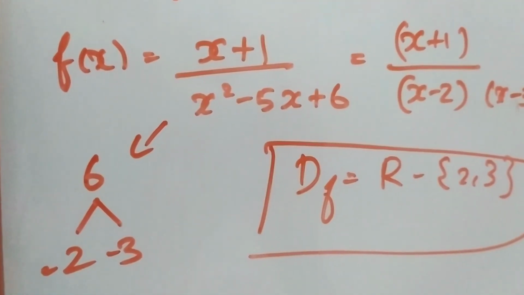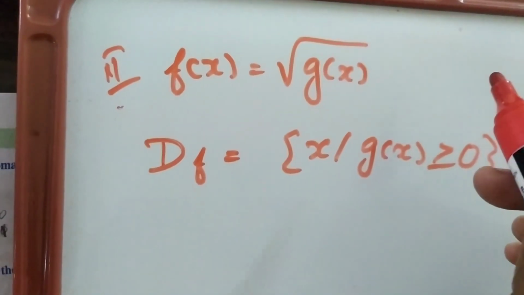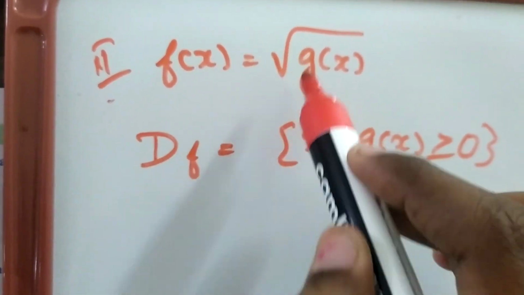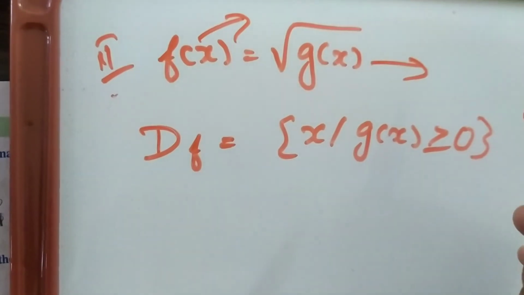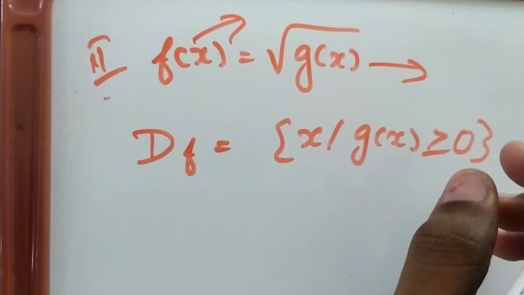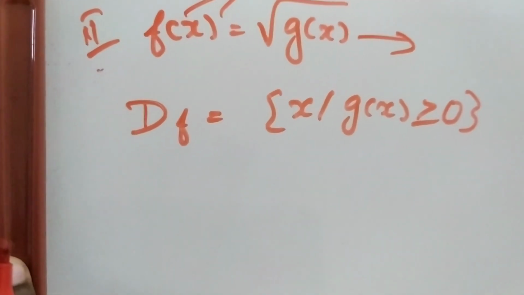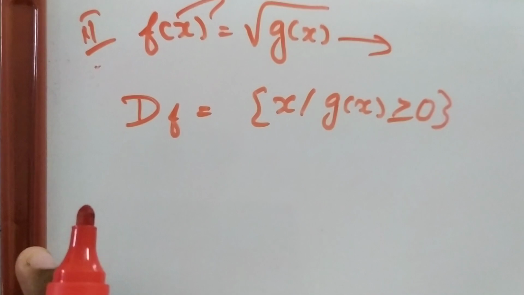Understood? Then we are going to see the second condition. Suppose you are considering a function f of x to be root of g of x. This is one function and this is another function. f of x equal to root of g of x means we can write the domain as the set of all x such that g of x is greater than or equal to 0.